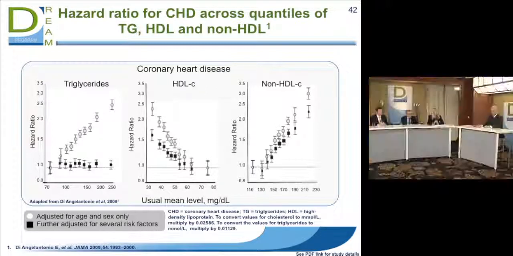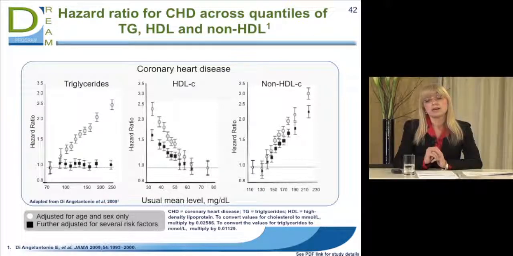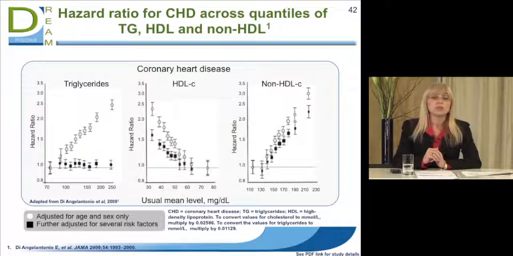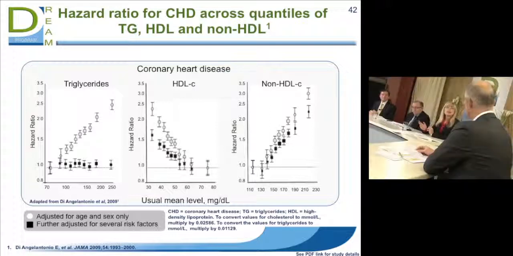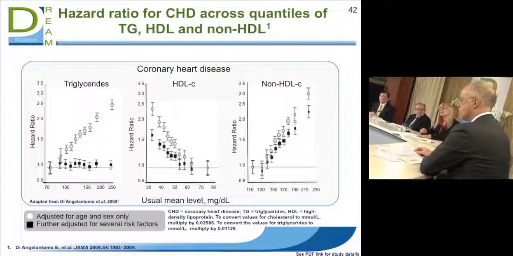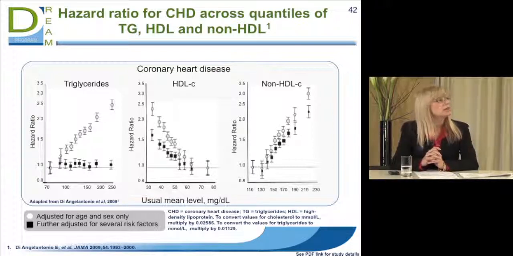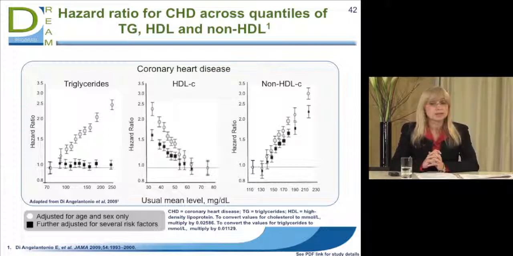Now, there was also a correlation of triglycerides and non-HDL cholesterol with cardiovascular risk. However, the association of triglycerides decreased somewhat when corrected for HDL cholesterol and non-HDL cholesterol. Both this analysis and others have shown us that non-fasting triglycerides are also an indicator of cardiovascular risk because they show us the remnant status of the patient.